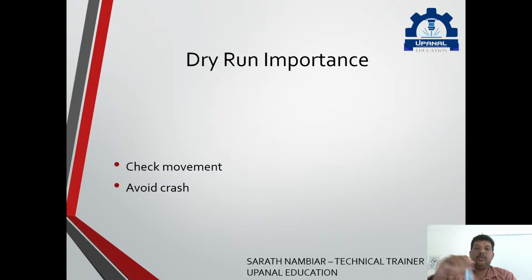So before removing it, I need to know whether the machine or the cutter is going in the proper way. When it goes in the dry run, it won't take any cut, it goes in the air, a little high, and it will just simulate. It will show which path it is going, so that we can check whether it will do it properly. That's the importance of the dry run.